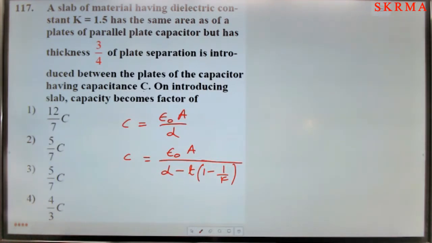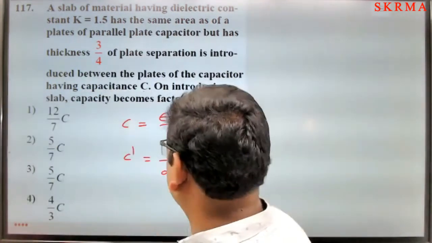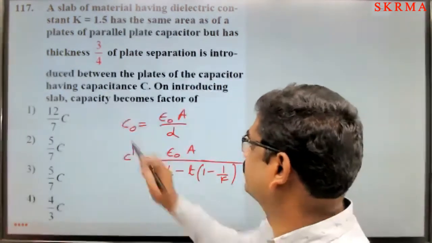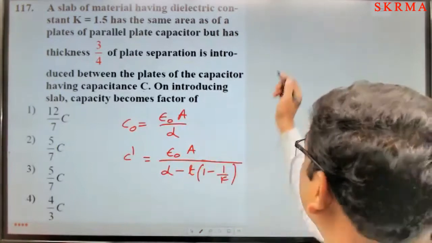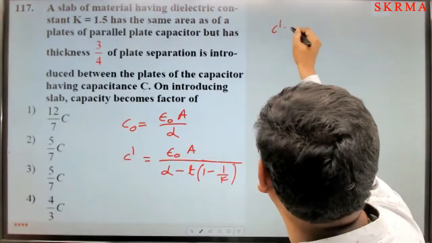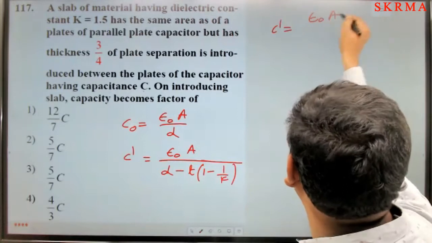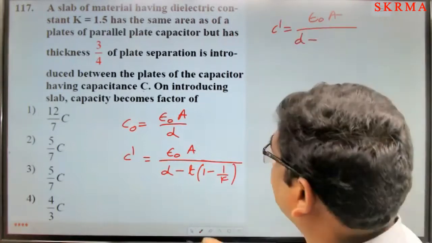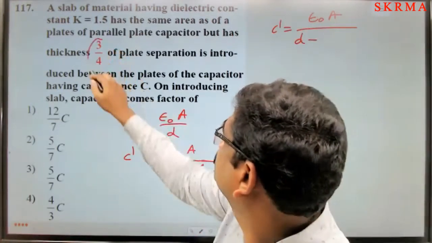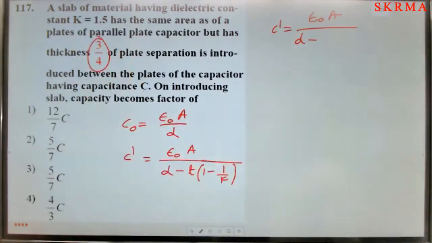Now substitute the values and solve, then you will get the answer. Let it be C dash. Substituting the values, C dash equals epsilon naught A by d minus the thickness value, which is 3 by 4 of the plate separation.